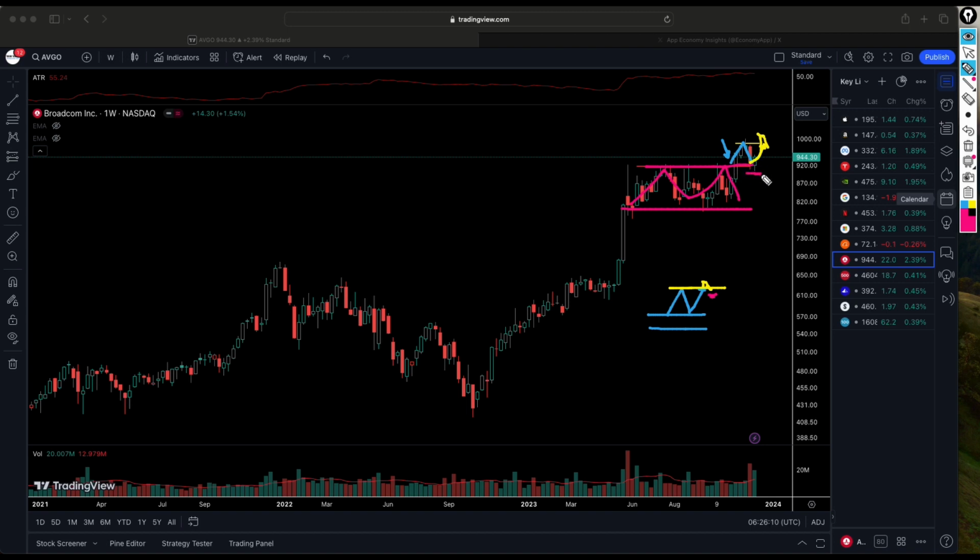In this case, we are looking at that breakout level at the top, so our stop loss is just going to be just below this level in there. We are not saying that Broadcom is going to go up. We are just saying if Broadcom does go up, we are definitely going to take that long position.